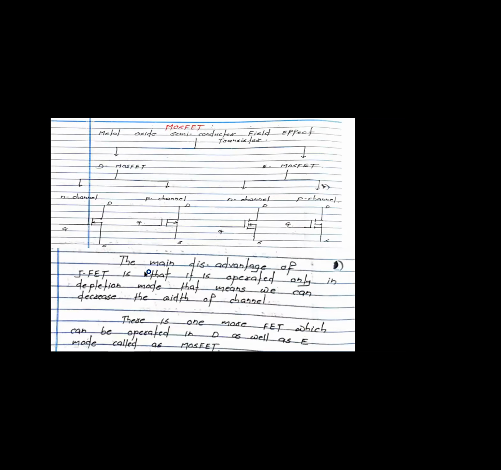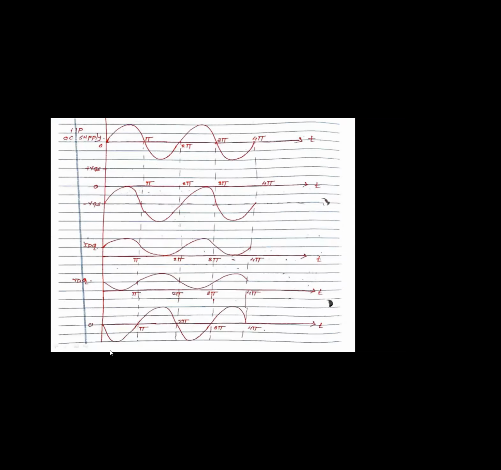VDD is nothing but the total voltage, so it is related to VDS. So the VDS value must depend on the value of ID. ID increases, VDS decreases; ID decreases, VDS increases, as shown in the figure. See, here we have to look at these things.